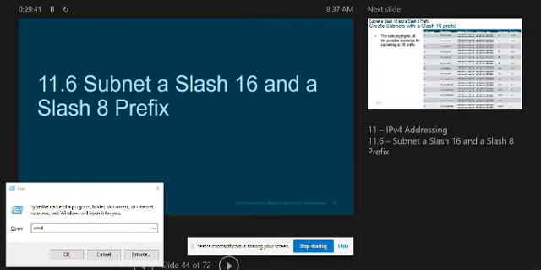All right, so I'm going to do a 0 for the third octet here. Everywhere we have this dark green is the network bits.